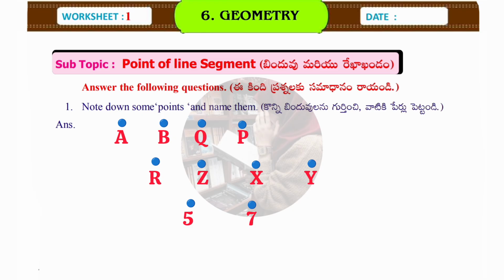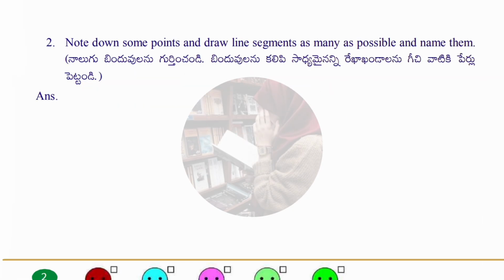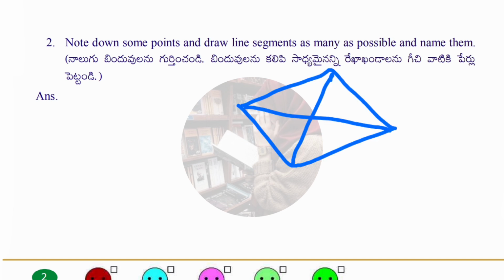Let's move on to the second question, which is note down some points and draw the line segments as many as possible and name them. So guys, here we have to draw line segments as many as possible and name them also. Okay, here I'm drawing a picture. Please, you also draw the same.